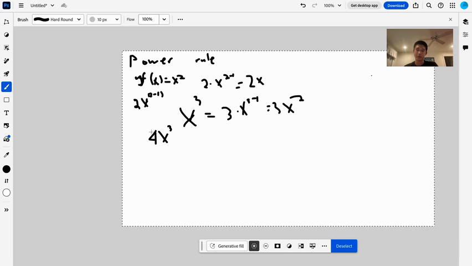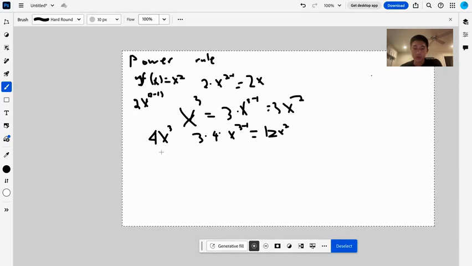There already is a coefficient on there, so you can use the power rule, multiply this by 3, and then take the exponent minus 1, and you will get 12x squared.